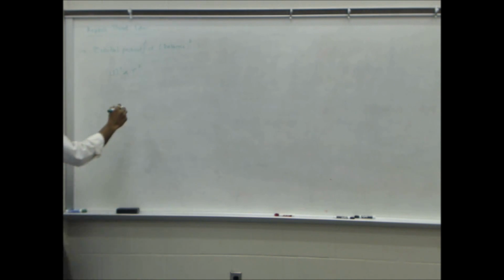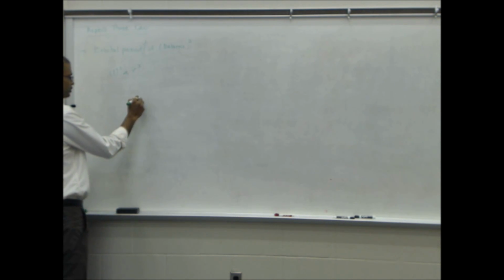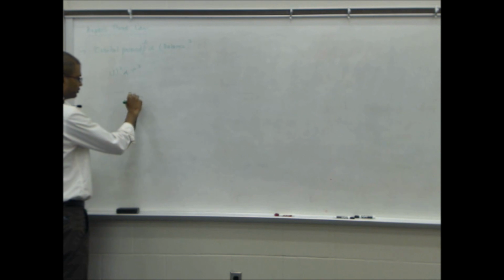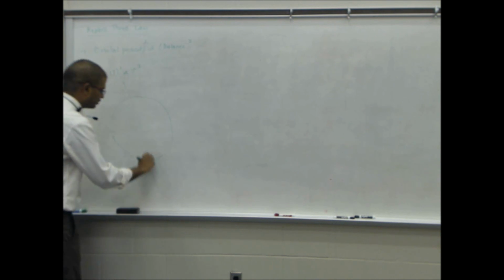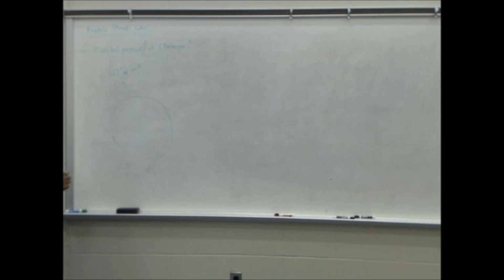Your Earth is rotating in a particular direction, okay? So let's say this is your Earth. It's rotating about this axis, right? The axis is inclined by a certain angle. The axis of rotation is inclined.